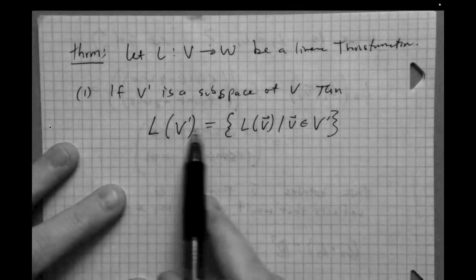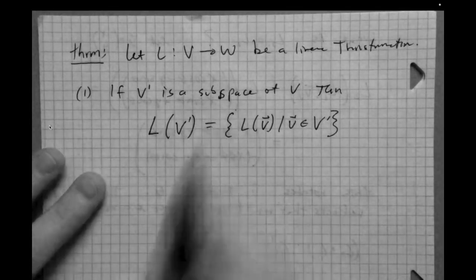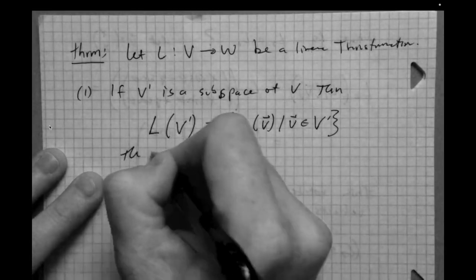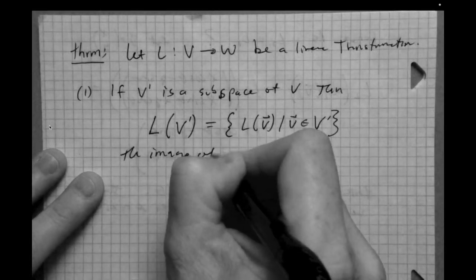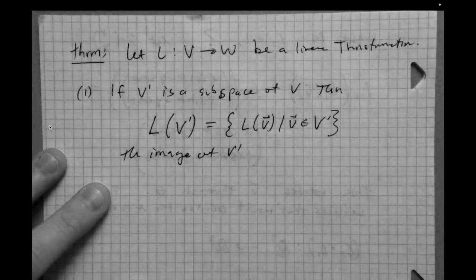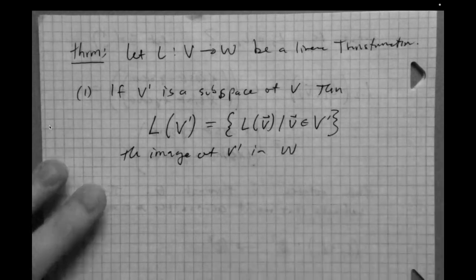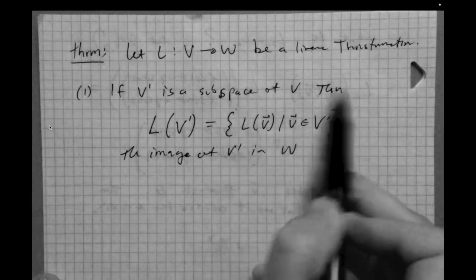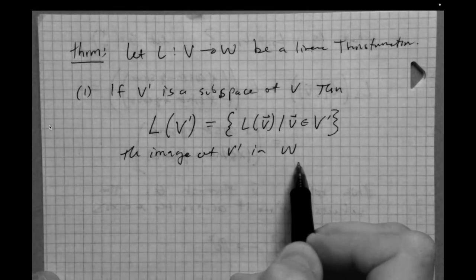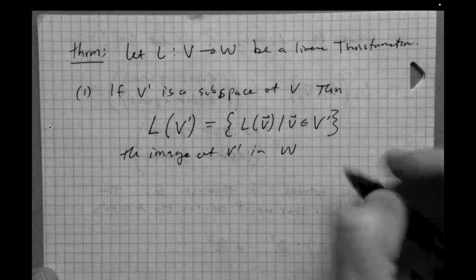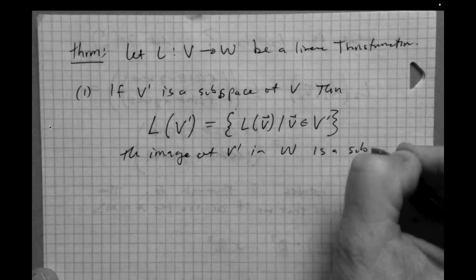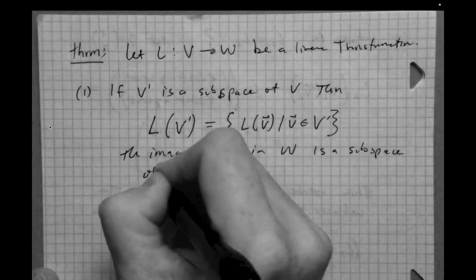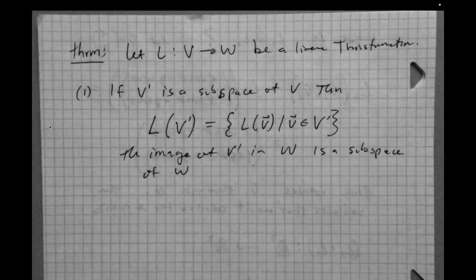But this set is called the image of V prime, and specifically in W. So if V prime is a subspace of V, then the image of V prime in W is a subspace of W.